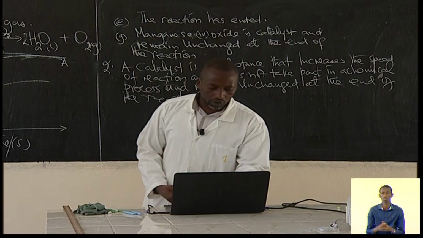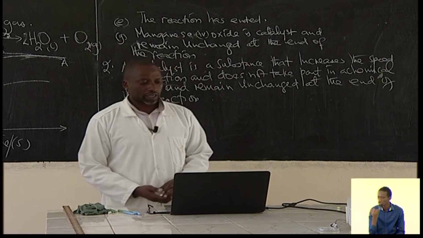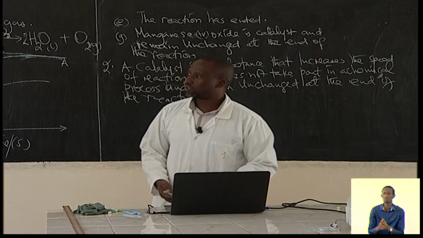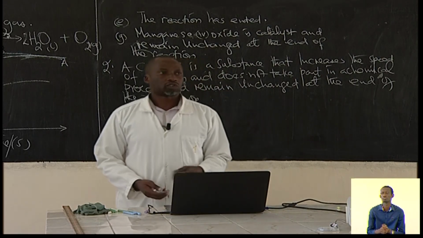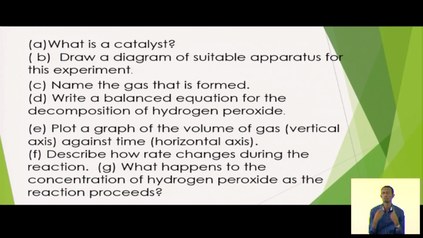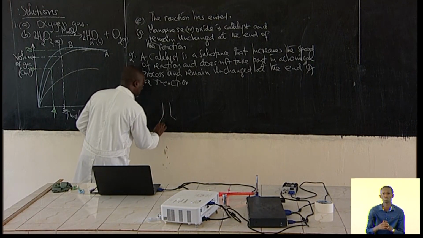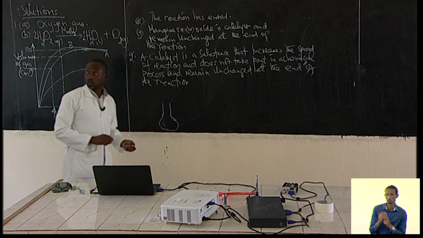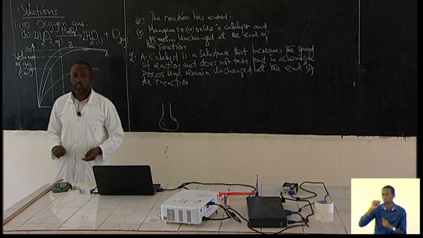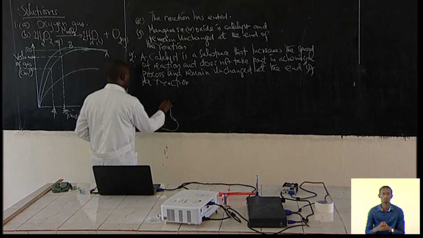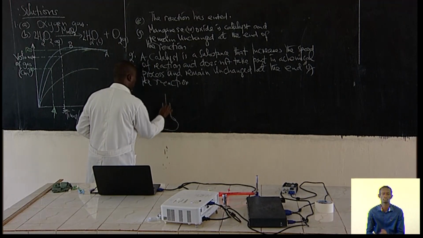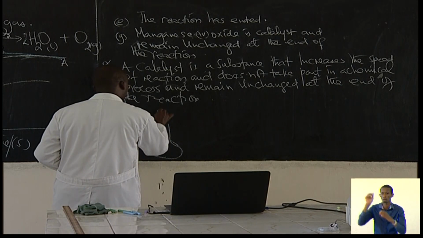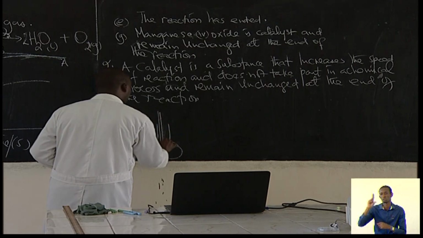Draw a diagram of a suitable apparatus for this experiment. So you should expect you have a flask, and in the flask you will have copper II oxide, not manganese IV oxide, and then hydrogen peroxide being added.